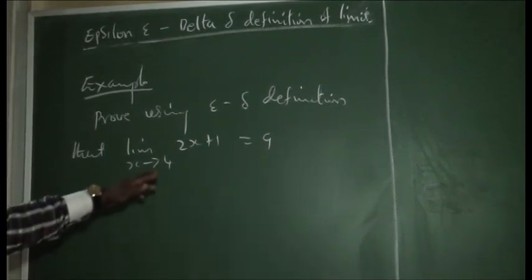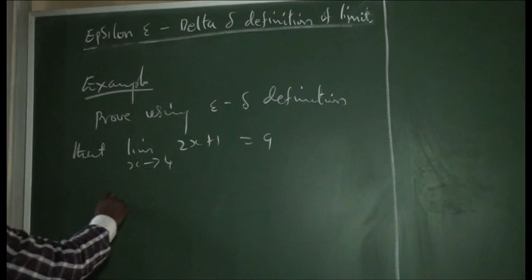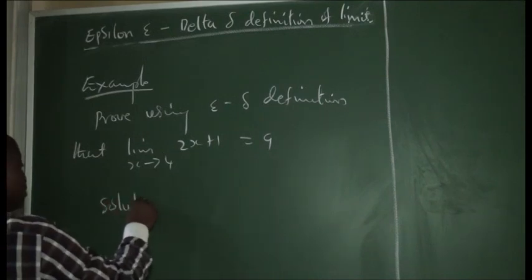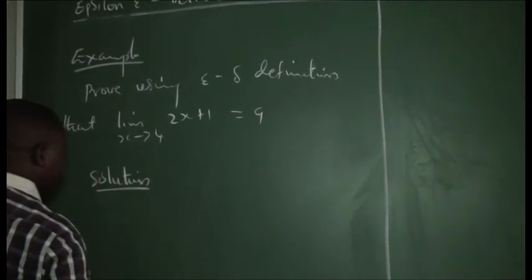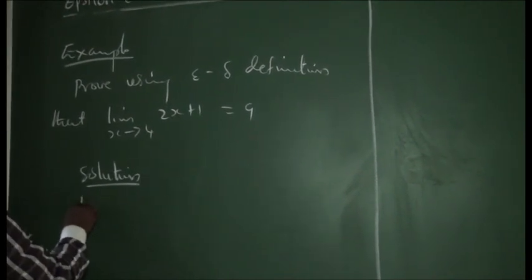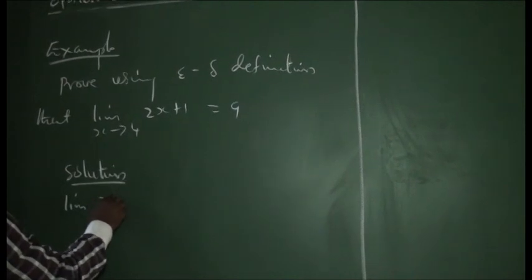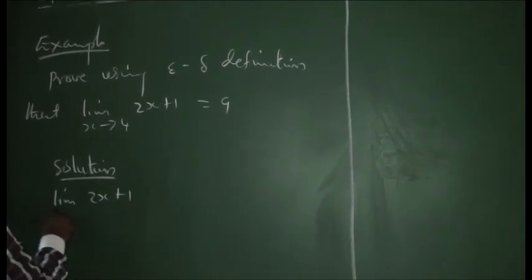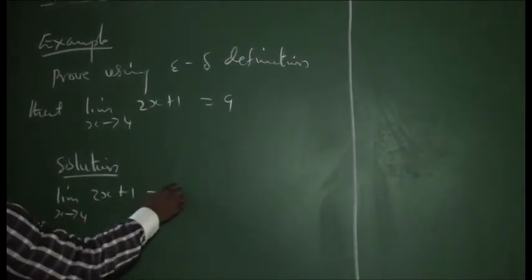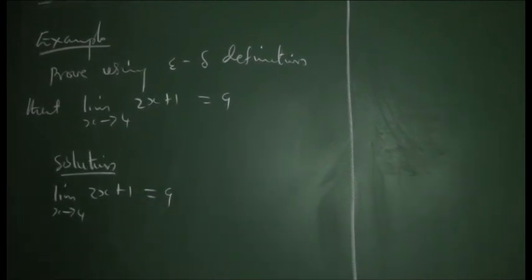And look at that. So this is how we evaluate algebraically the limit of 2x plus 1 as x approaches 4 equals 9. So we want to prove whether it's true.